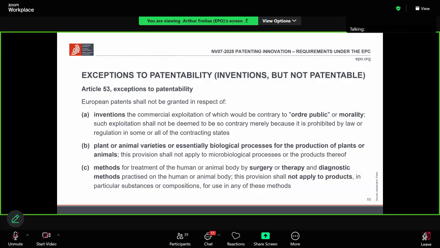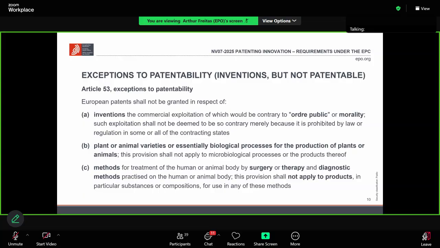What you can get a patent for are microbiological processes or the products thereof. So a new type of yogurt using some bacteria is something you might file for a patent. And then we have methods for treatment of the human or animal body by surgery, therapy, and diagnostic methods practiced on the human or animal body.